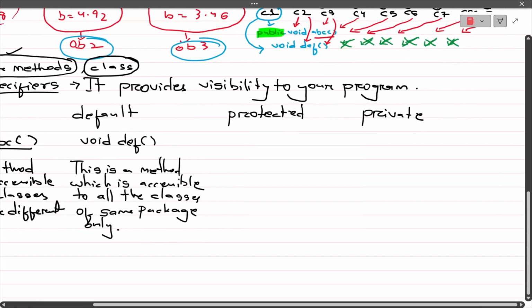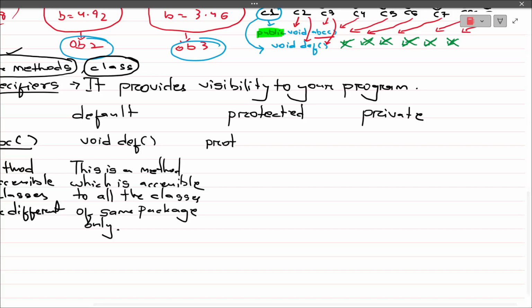Now let me talk about protected. Protected means the keyword protected will be used. Protected void mn. Okay, suppose this is one of the examples.